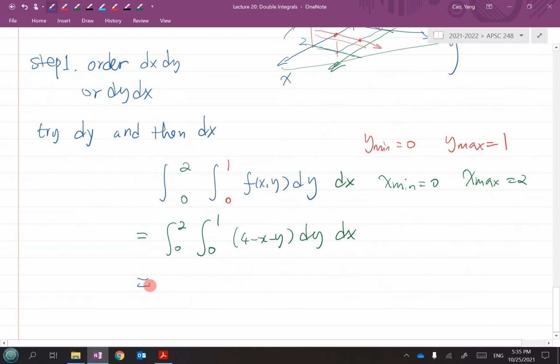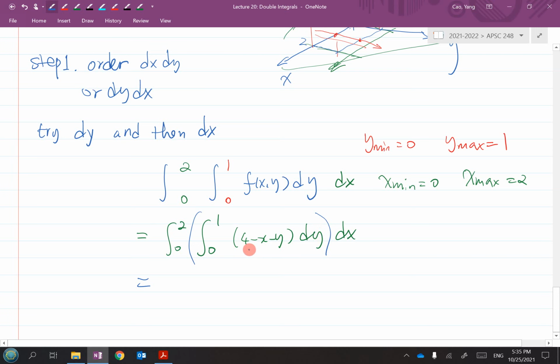Now you calculate the integrals one by one, working from the inside out. For the inner integral, when you integrate with respect to y, you treat x as if it's a constant. Don't touch the x, just think of it as a constant, very much like the partial derivative.